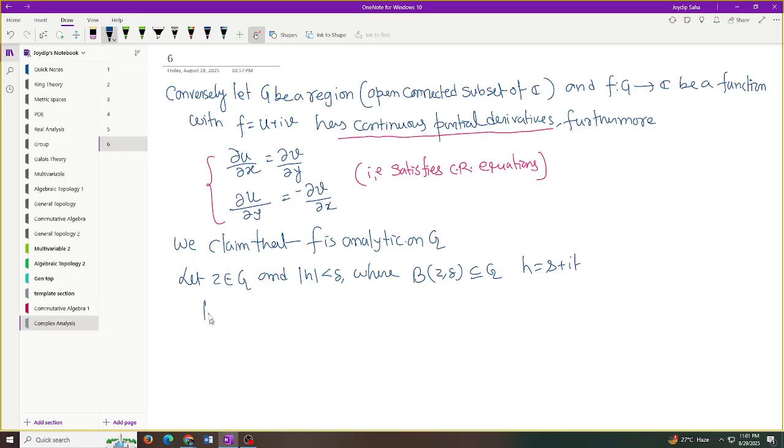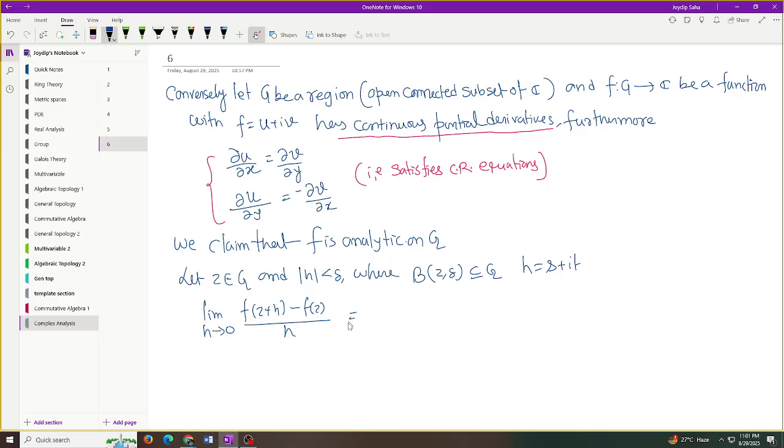Consider the limit as h tends to 0 of (f(z plus h) minus f(z)) by h. What is that? f equals u plus iv.